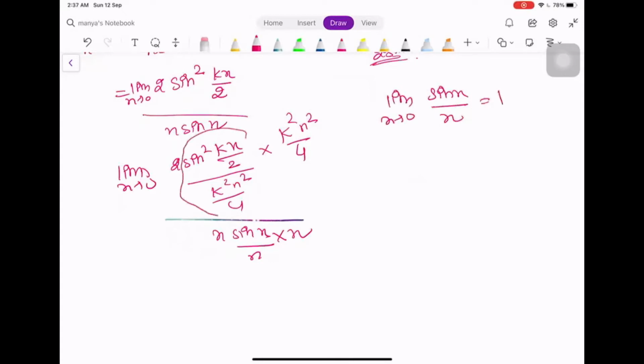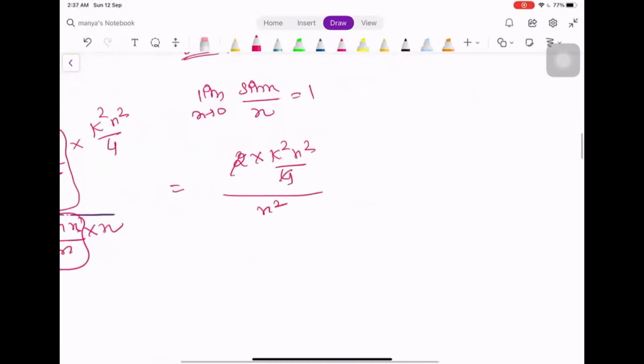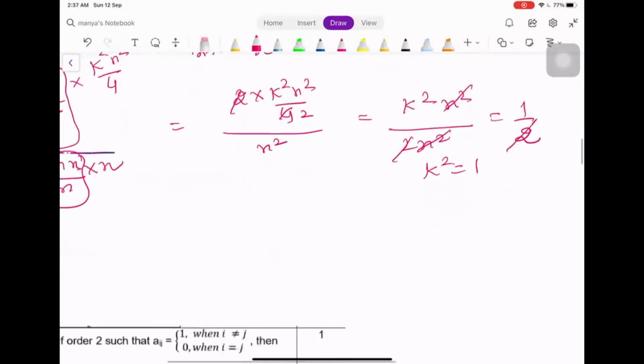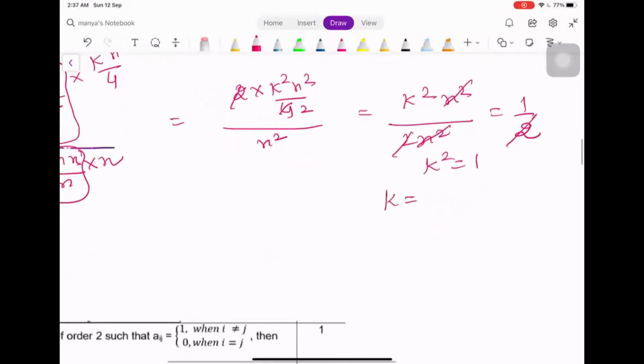So now this function is 1. So what we are left with is 2 into k square x square by 4, and this is also 1. The 2 cancelled, so we are left with k square x square upon 2x square. x square cancels with x square, and on the RHS we had half. 2 cancels with 2, so we get k square equal to 1. The value of k should ideally be plus 1 and minus 1.